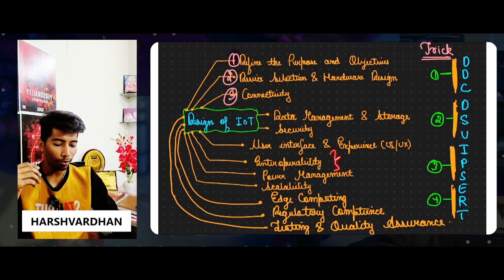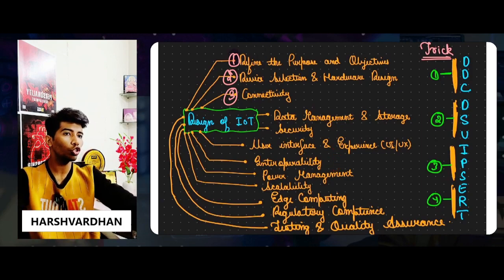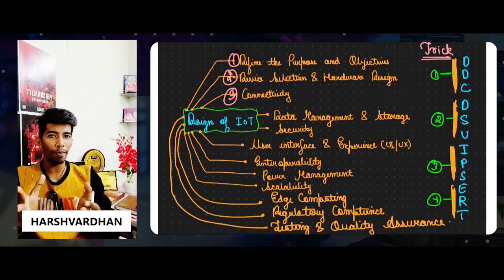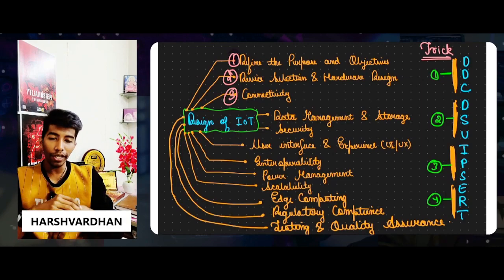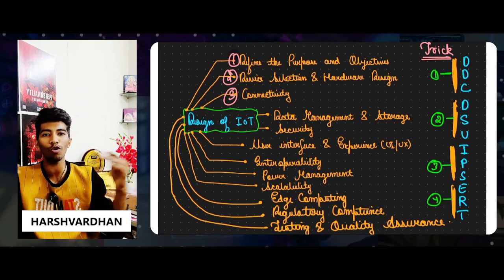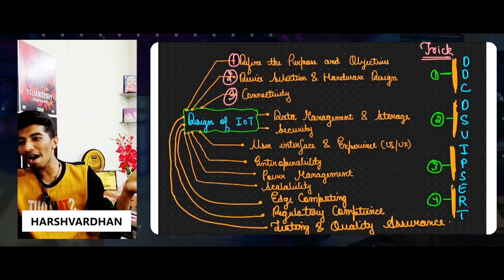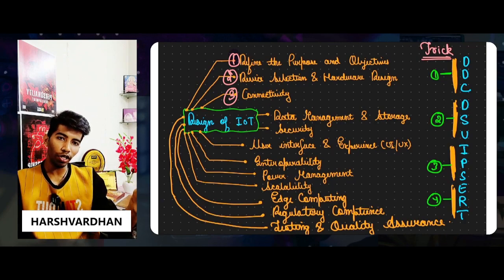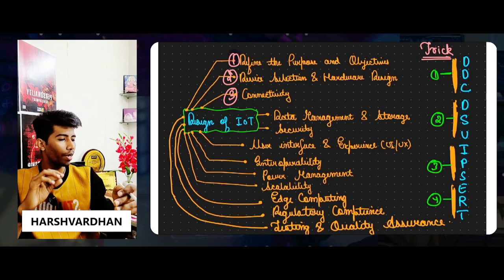Then interoperability: all these things should be interoperable so that they can work together in an environment like this. Power management is important, because all this will not work on air. A power source is required for all kinds of solutions, so proper power management is required.